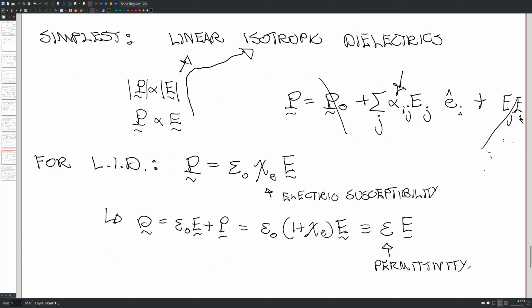It's just some number, and you'll find plenty of tables of these numbers for various pieces of matter.